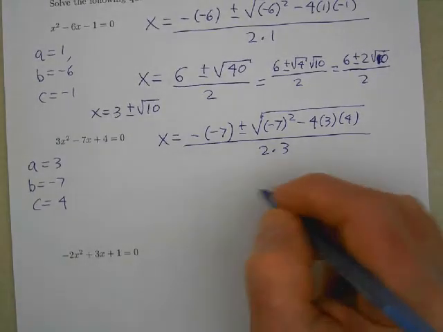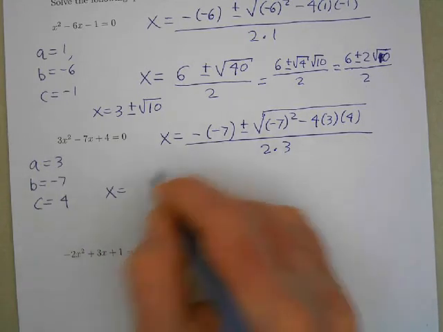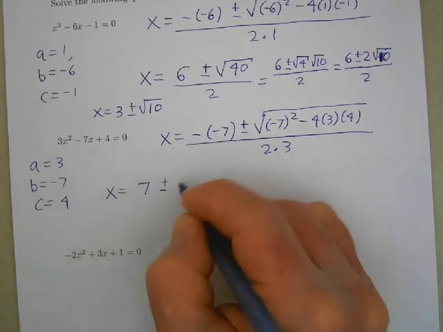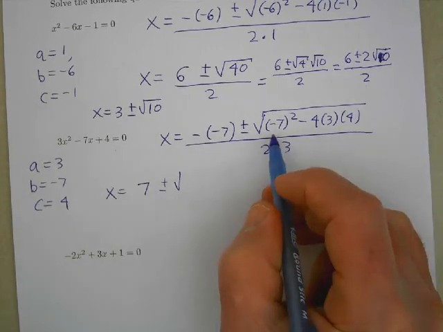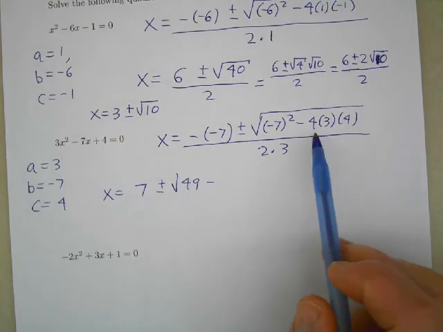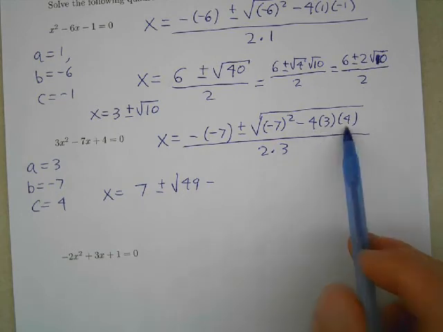And then we do some arithmetic. In the numerator, the negative of negative 7 is 7, and plus and minus the square root of the number negative 7 squared is 49. And from that, we are subtracting 4 times 3 times 4, which is 12 times 4, or 48.